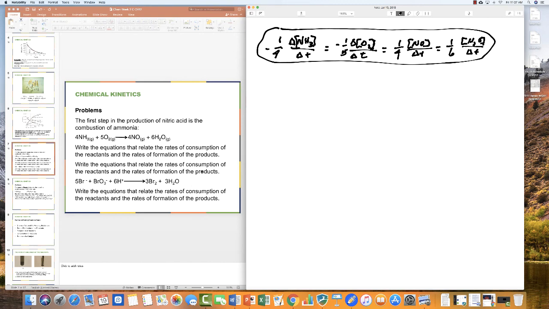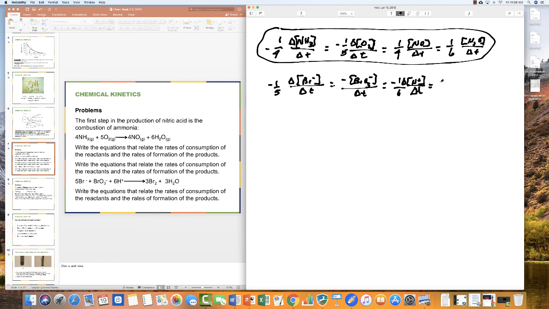approach. You're going to have the destruction 1 over 5 for this times the change in concentration of the bromide ion over time is equal to minus the change in concentration of BrO3 minus over time, it's 1 over 1 in this case, is equal to minus 1 over 6, the change in concentration of hydrogen over time.